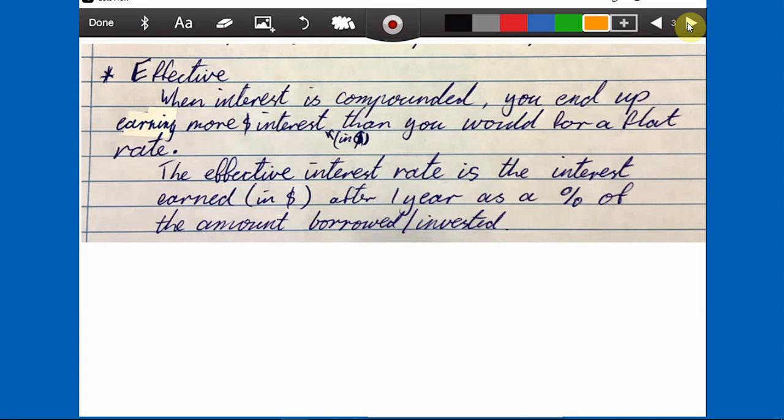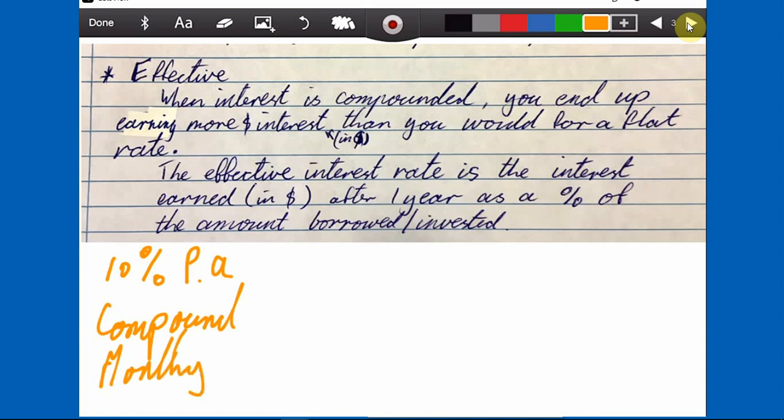Like I said before, if it's 10% per annum compounding monthly, you're going to end up with more money in interest than if you had 10% per annum flat rate or simple interest.